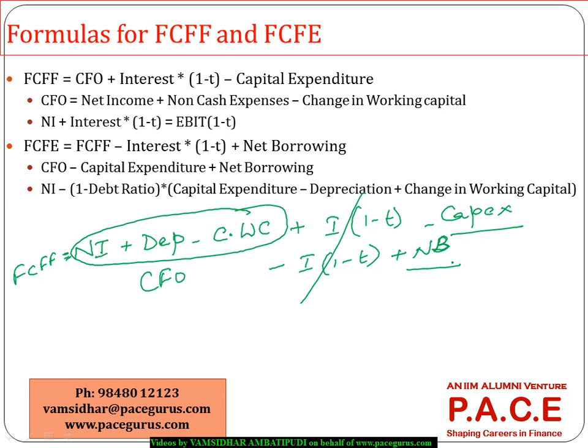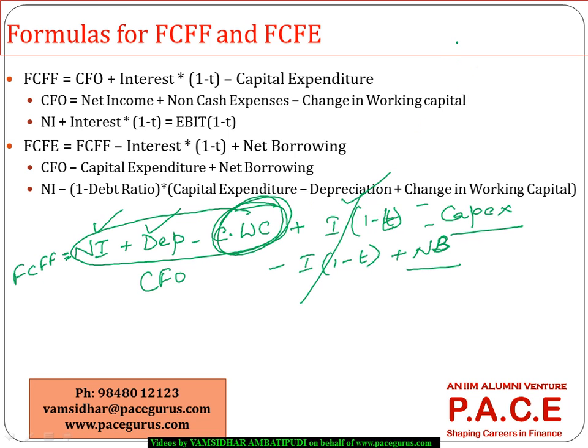If you are presented with an income statement as well as the balance sheet, you can take the net income, add back depreciation and any other non-cash expenses that are there, and add back the interest into 1 minus T. T is the effective tax rate, and you also subtract the change in working capital.